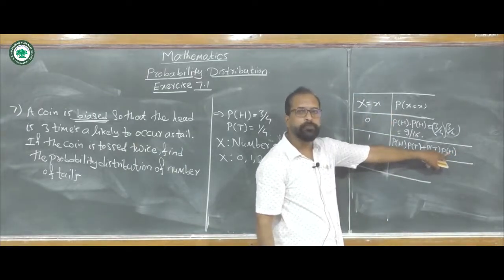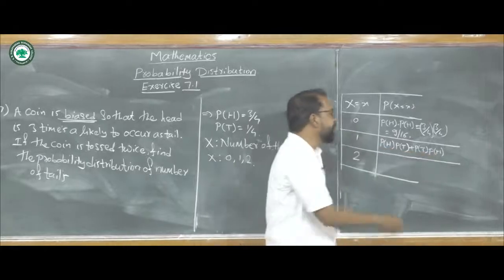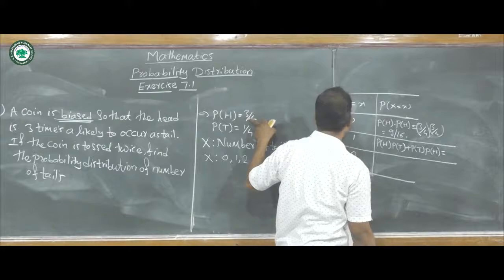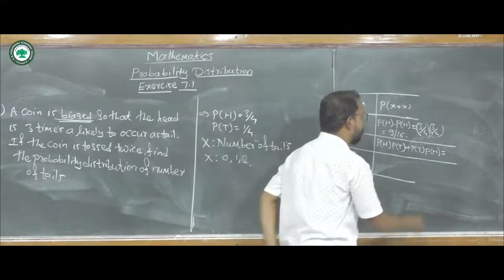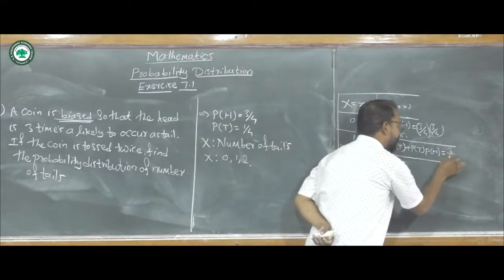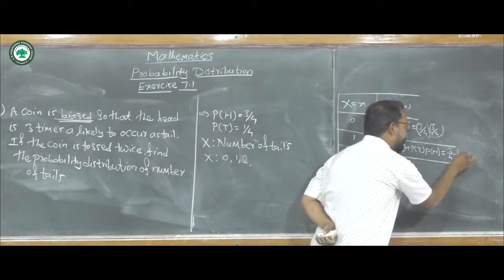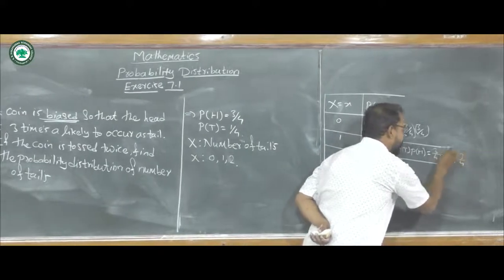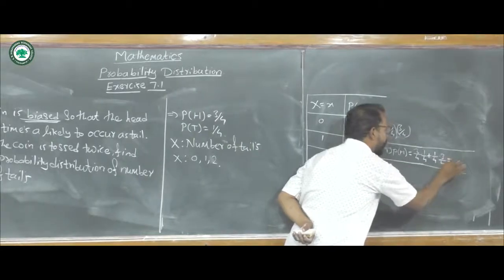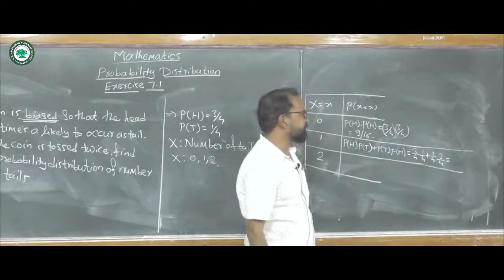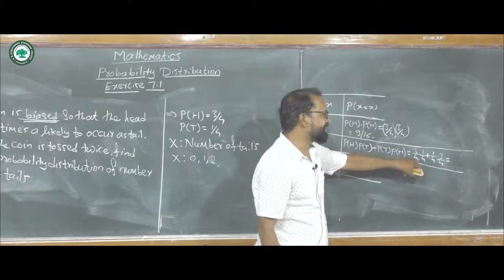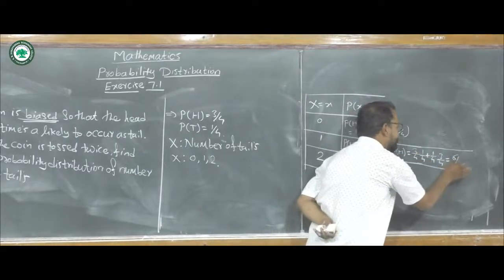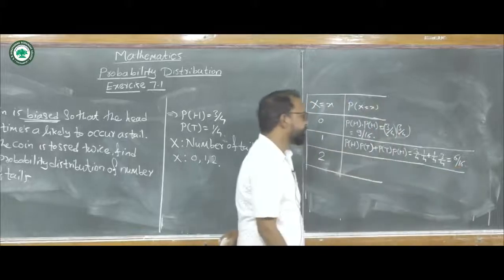Getting head means a failure. The probability of getting head is 3 by 4 and the probability of getting tail is 1 by 4. So it becomes 3 by 4 into 1 by 4 plus 1 by 4 into 3 by 4, which is 3 by 16 plus 3 by 16, that is 6 by 16.